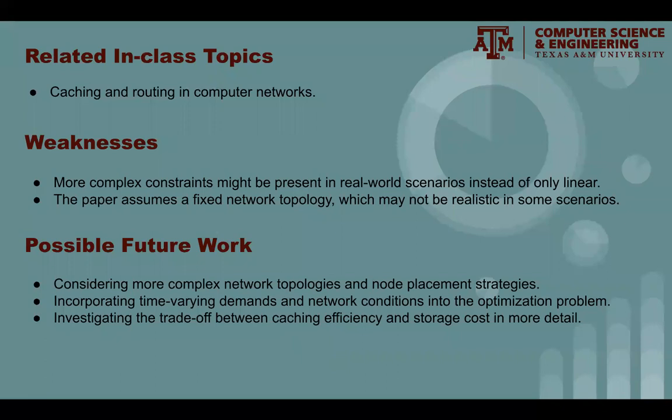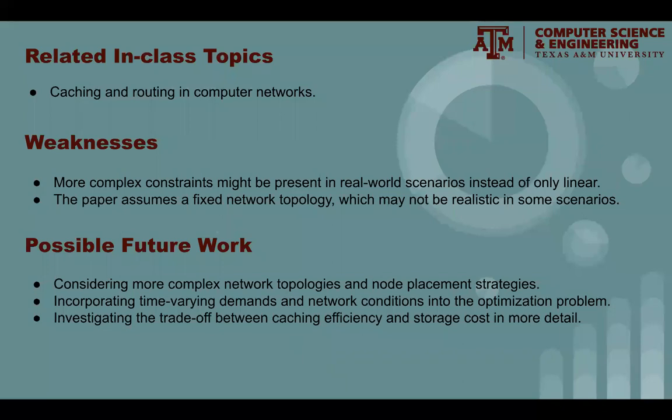And we discovered 2 weaknesses of this paper. The first one is that more complex constraints might be present in real-world scenarios instead of only the linear constraints used by the authors. And also, the paper assumes a fixed network topology, which may not be realistic in some scenarios. And we also present 3 possible future works.